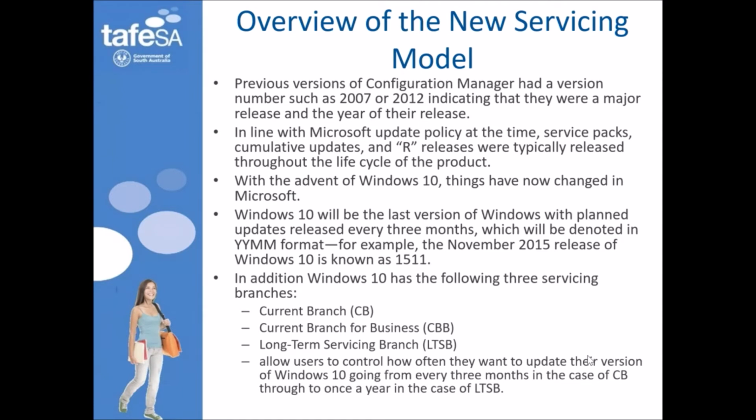In line with Microsoft update policy at the time, service packs, cumulative updates, and R releases were typically released throughout the life cycle of the product. So you might remember there was Windows Server 2012. There was Windows Server 2012 R2. So that's what they're referring to.